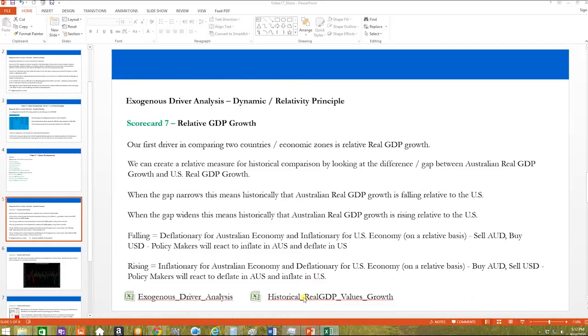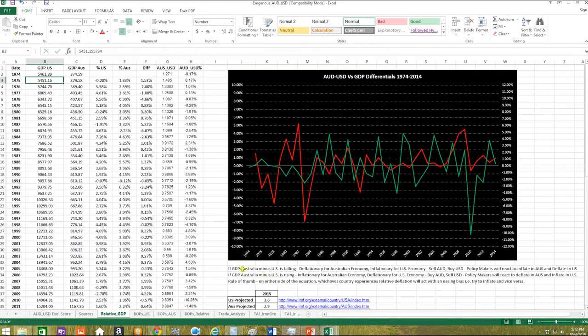And the first one we're going to go to is our exogenous analysis for Australian dollar, US dollar. The file that we're in here is the relative GDP file.